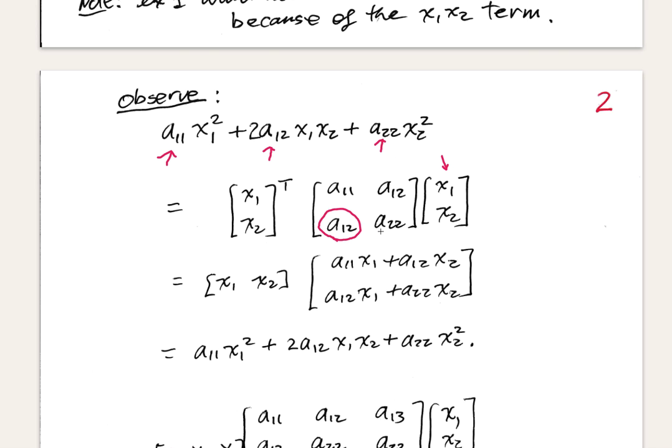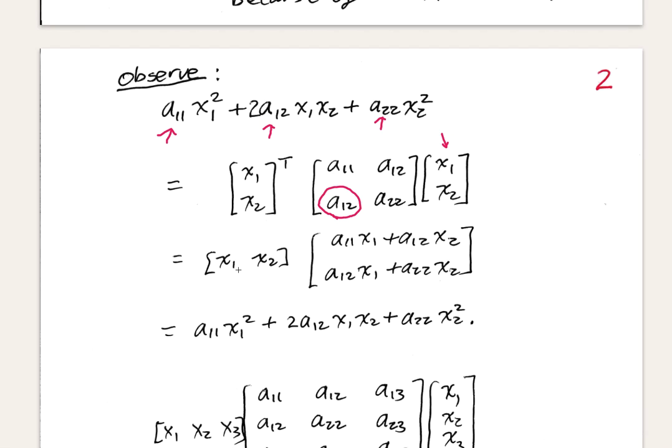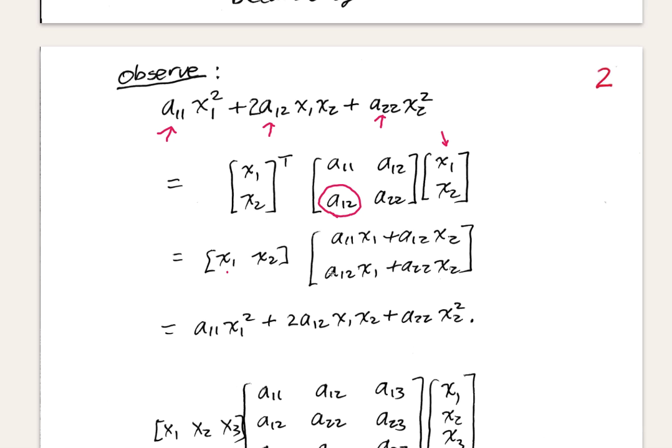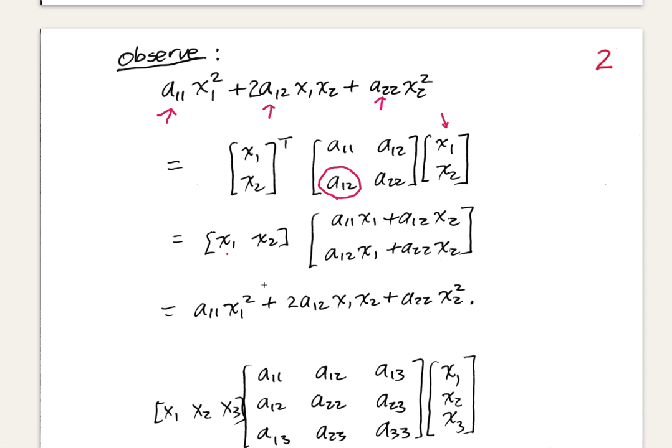And then that last term, a sub 2,2. Now if you take the product of these, you get x1, x2 as a row vector times the column vector a11 x1 plus a12 x2, and a12 x1 plus a22 x2. When you multiply those, you get exactly what I have above. So it works here.